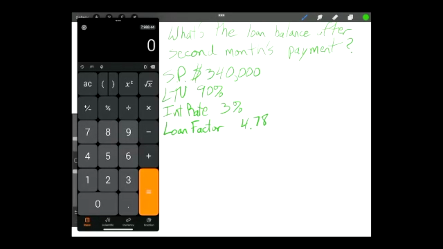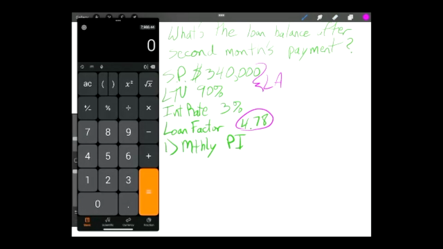So remember, this is like a multiple step question. The first thing we need to do is to calculate how much is our monthly principal and interest payment. So step one, what's the monthly principal and interest? What do we need in order to calculate that? We need a loan factor and we need a loan amount, don't we?